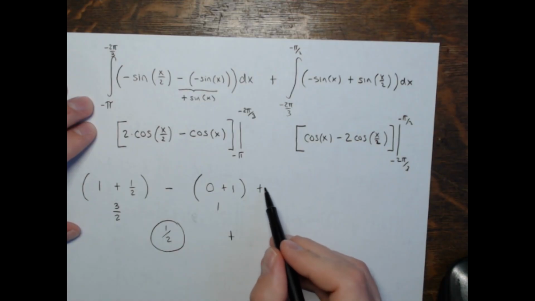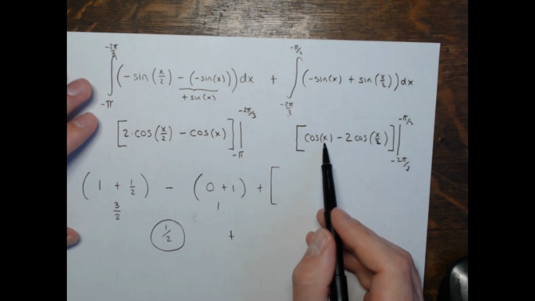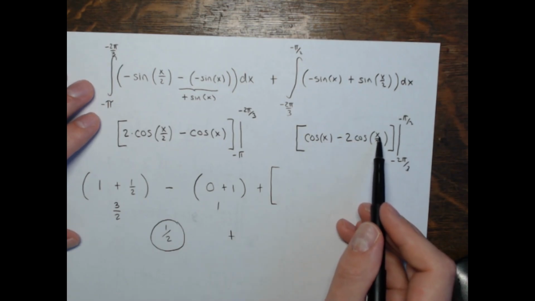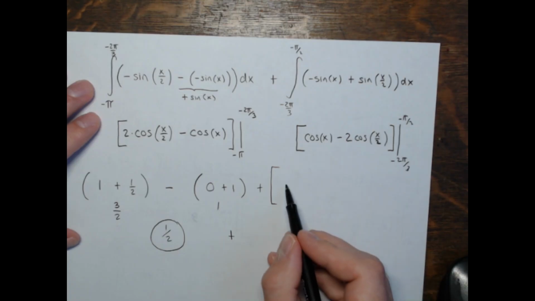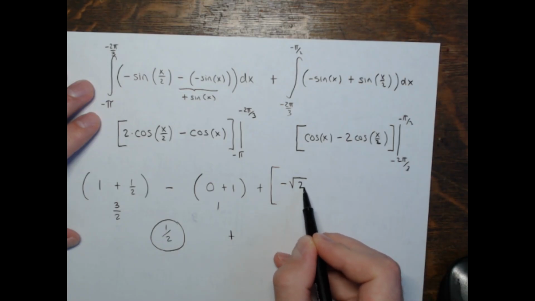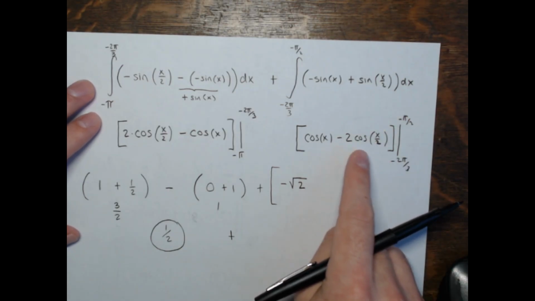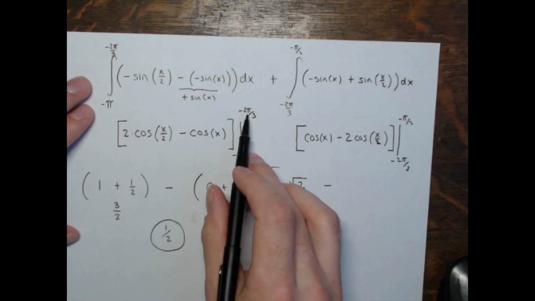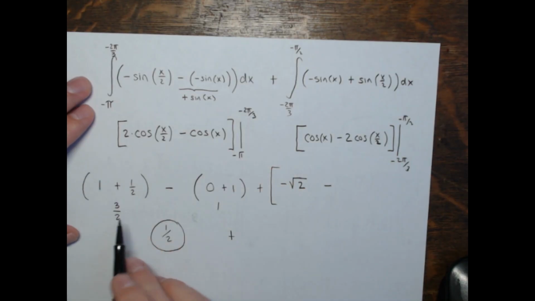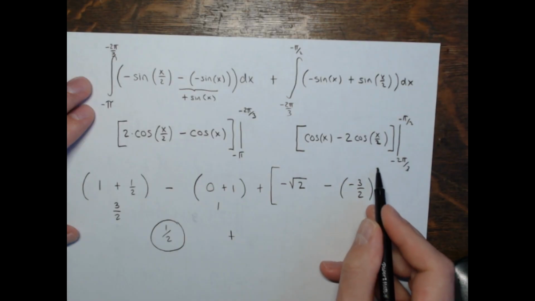All right, so when I plug in negative pi over 2, right, cosine of that is 0, and then cosine of negative pi over 4 was root 2 over 2 times 2, so that'd be negative root 2 at the upper limit. And then at the lower limit, minus. And we already found the value at negative 2 pi over 3, that was positive 3 halves earlier, so it could be negative 3 halves, right? Everything's switched order.